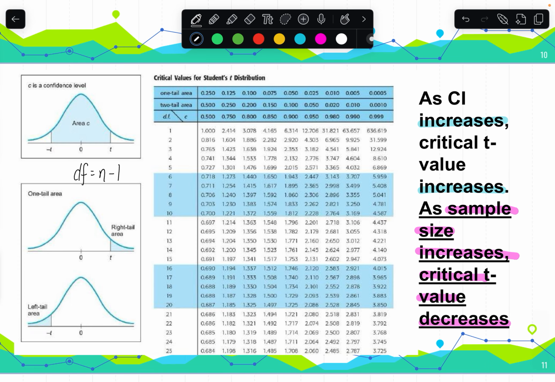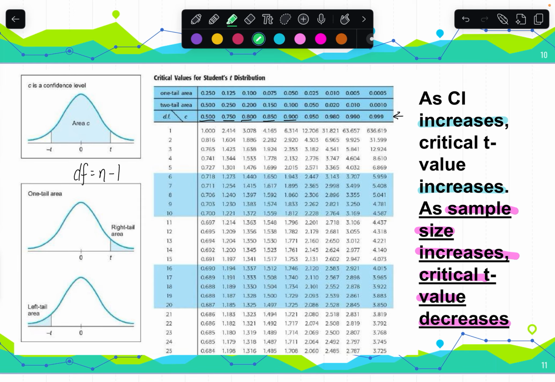So as the confidence interval increases, the critical t-value increases. Okay, so that's going to mean that as we move from left to right, because as we see, we're moving from smaller to larger from the stuff we're underlining, 0.8, 0.85, 0.9, and so on, the values inside of the chart, which are the critical t-values, will be increasing as well.